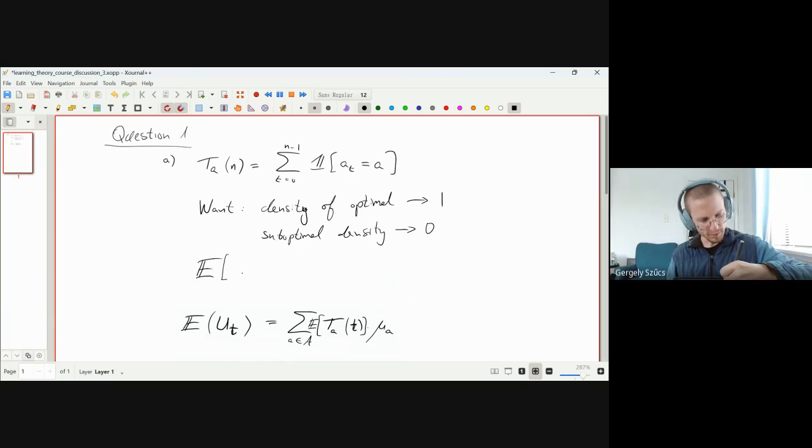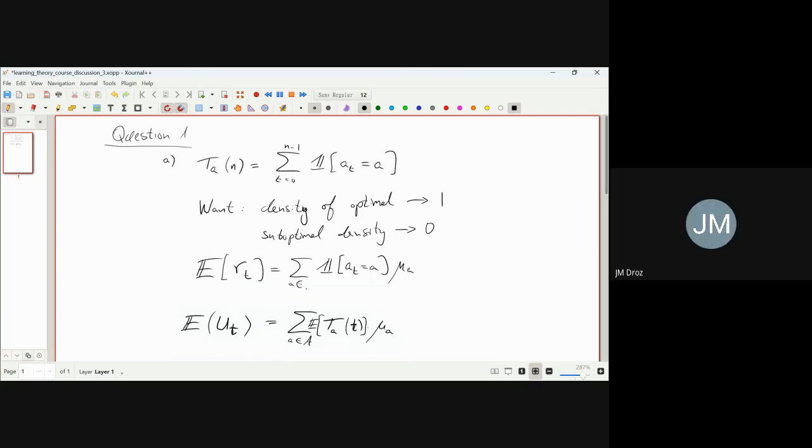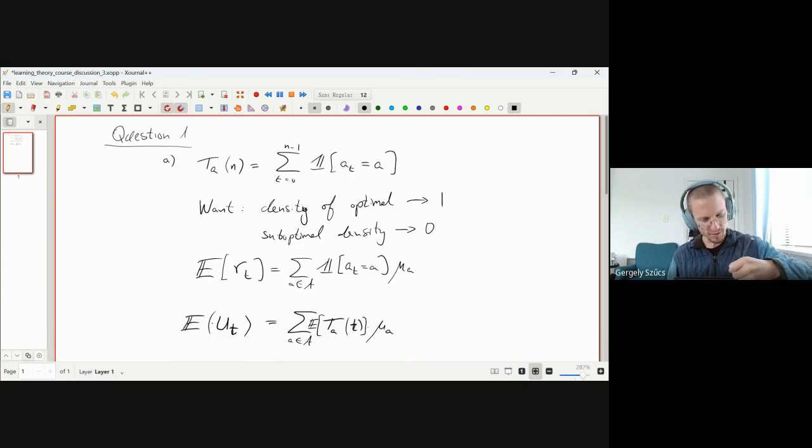I guess you're saying the expected reward at little t is equal to the sum of the indicator of a_t equals a. Yes, exactly, and from there we can get this.